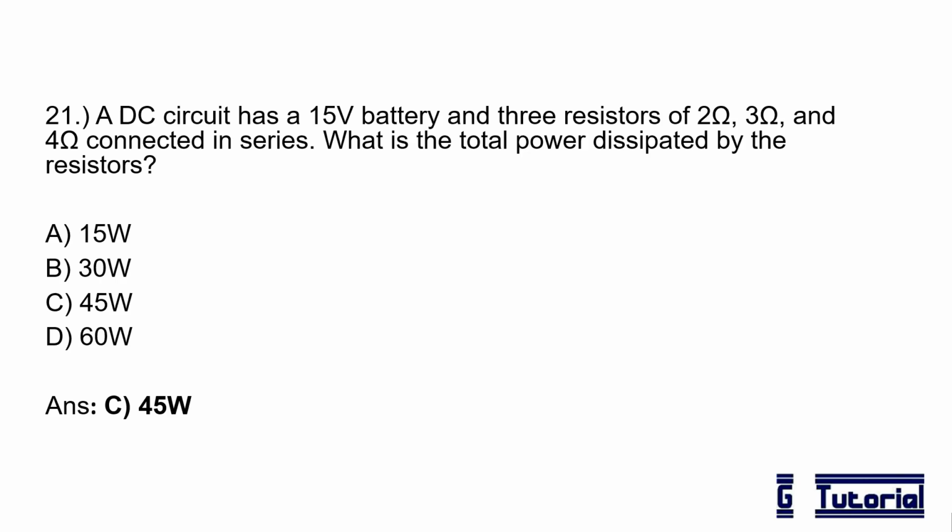Total power dissipated is given by P is equal to I square R or V square divided by R. Here the resistances are connected in series, so the equivalent resistance is the sum of each resistor, so 2 plus 3, 5 plus 4, 9.